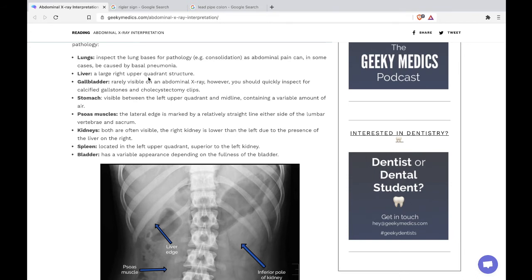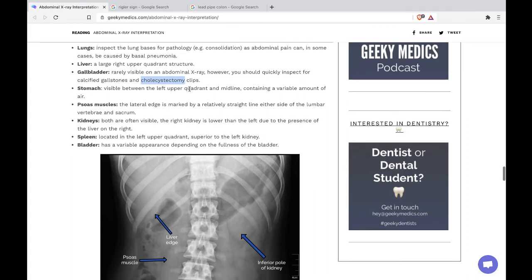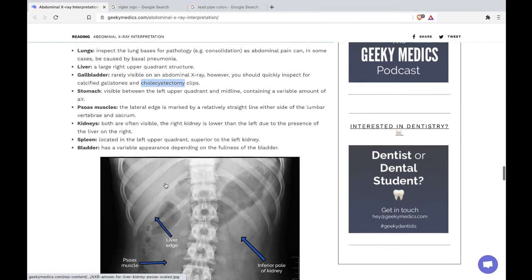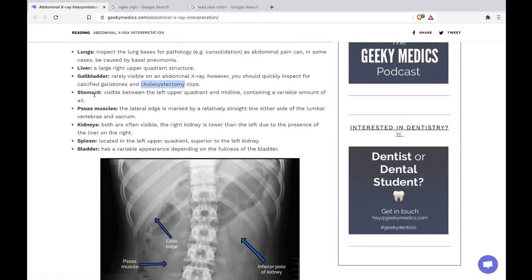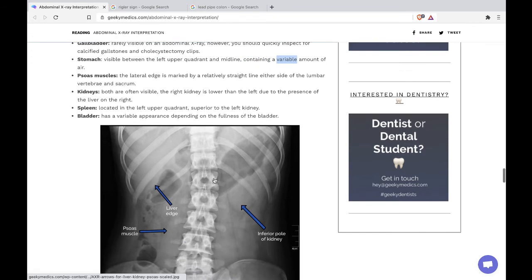Liver: a large right upper quadrant structure. That's the liver. Gallbladder: rarely visible on abdominal X-ray. However, you should quickly inspect for calcified gallstones and cholecystectomy clips. Looking for gallstones and clips. Nope, not here. Stomach: visible between the left upper quadrant and midline, containing a variable amount of air. Is this the stomach here? No, it's not very clearly seen.